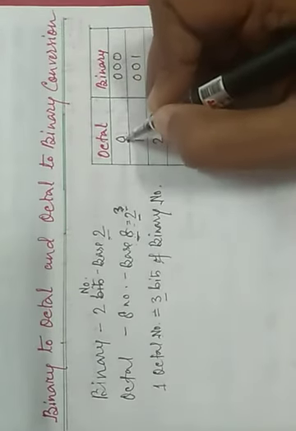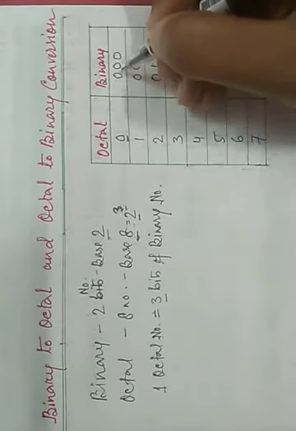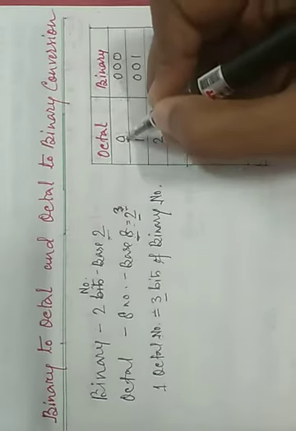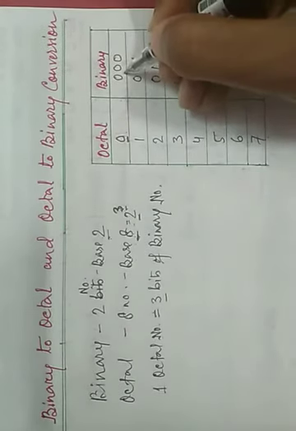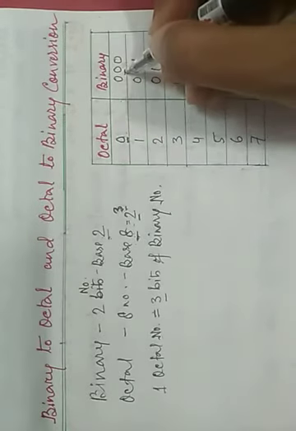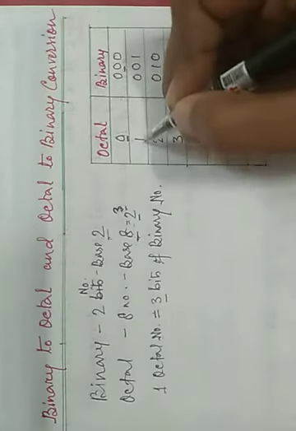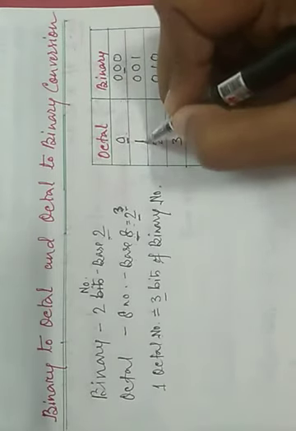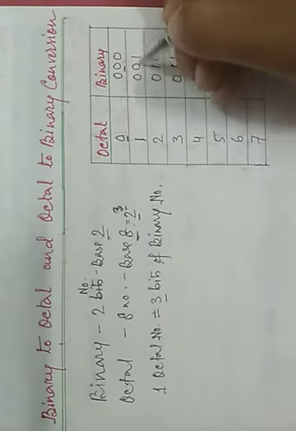For 0 in octal number, whenever we are going to represent it in binary number, there must be 3 zeros, because 1 octal number is 3 bits of binary number. For one single digit in octal number, 3 bits in binary number.